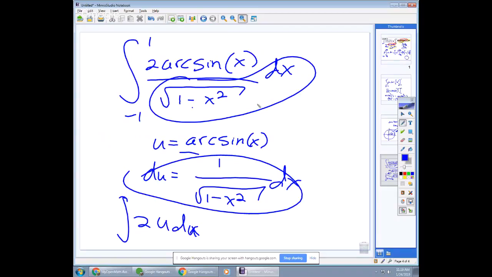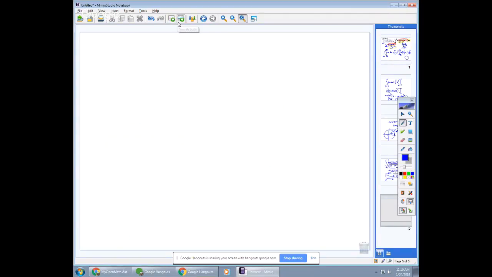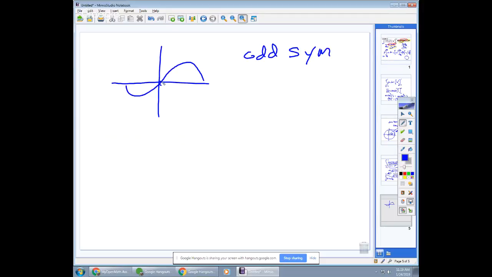Okay, so I'm going to look at this just a slightly different way. If a function is odd symmetric, that means that points are symmetric to each other around the origin.